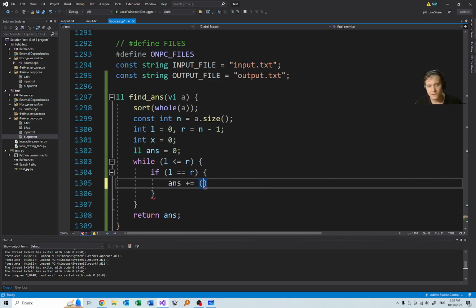So if R equals 1, AR equals 1. If it is at most 1, let's say, then we add AR. Otherwise, we need to add AR minus X plus 1 over 2.